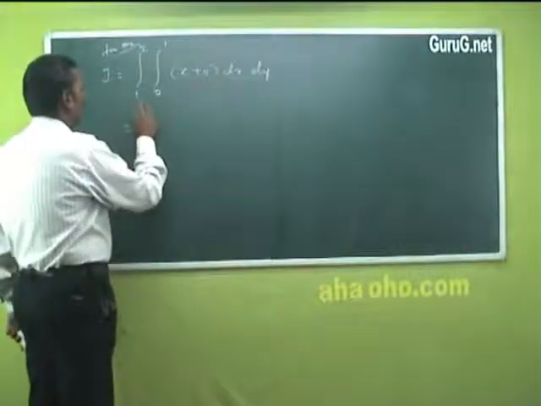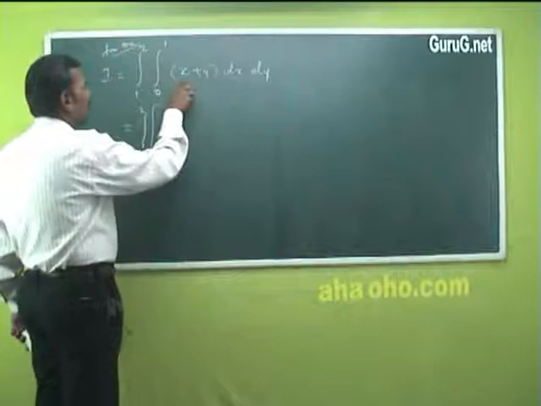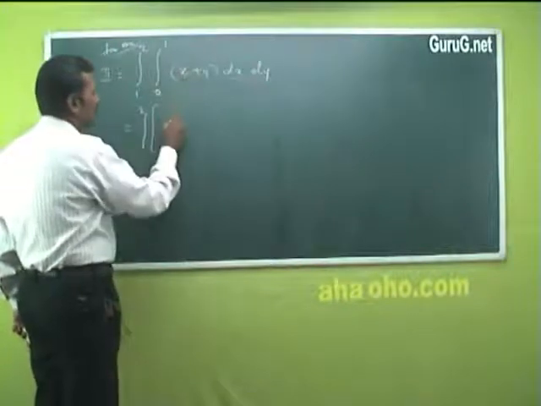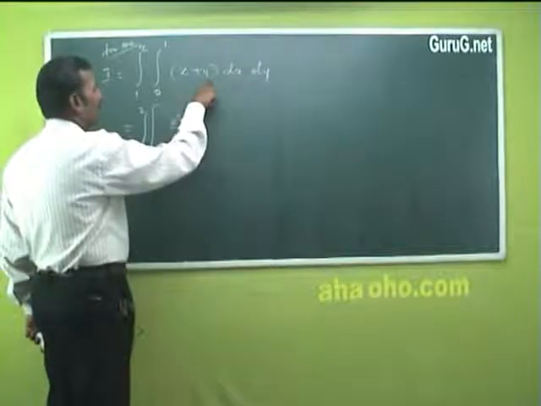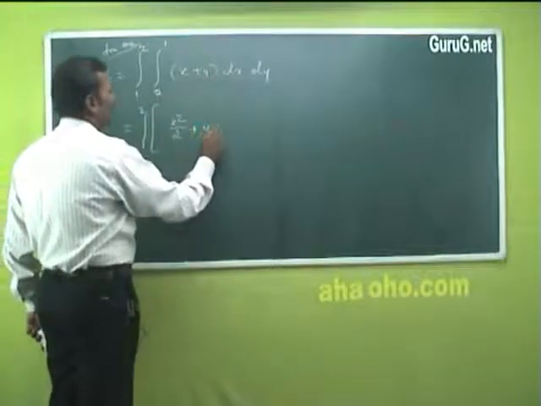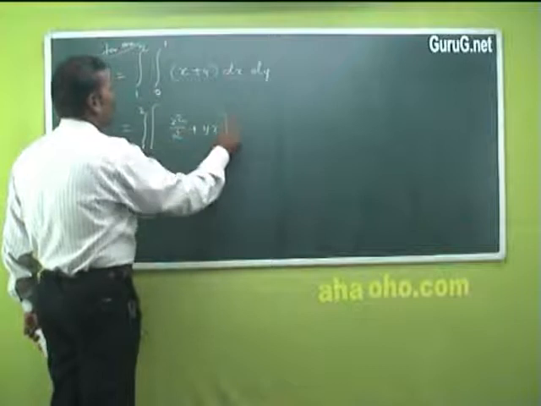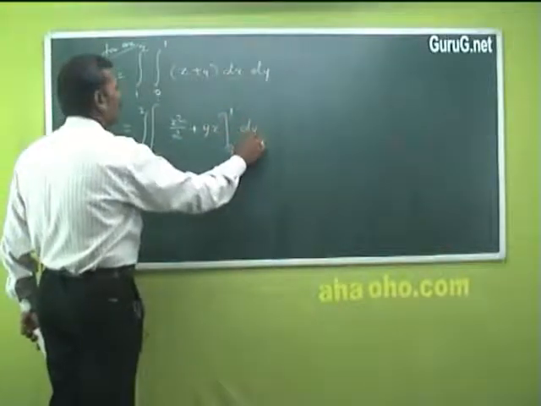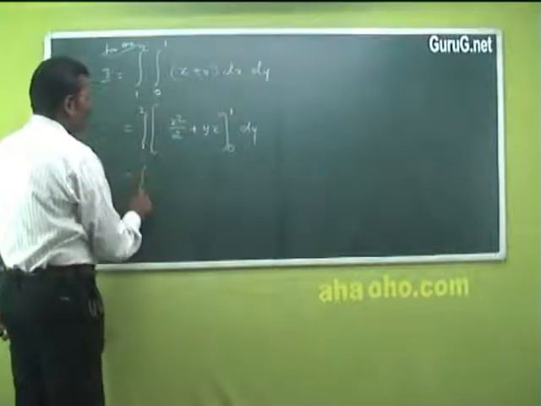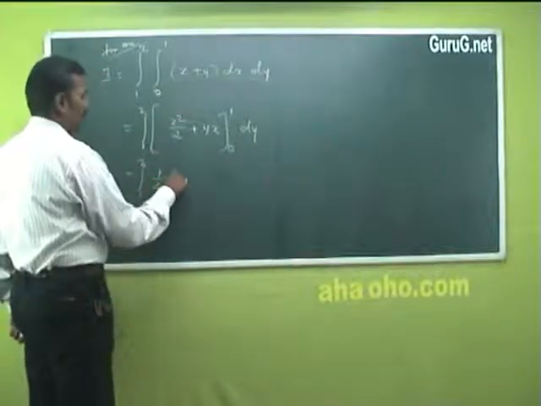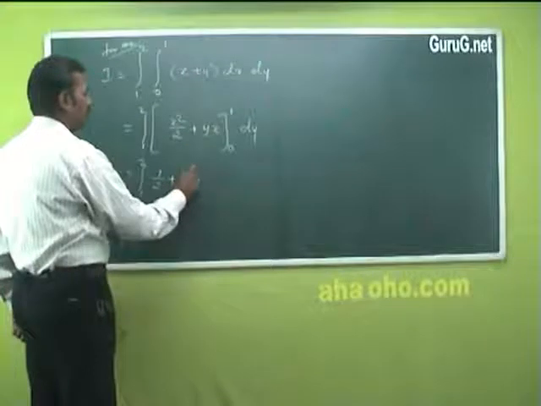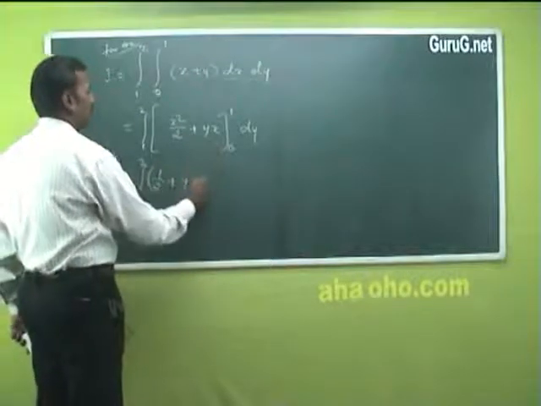So integral 1 to 2, integrate: integration of x is x squared by 2, plus this y is a constant, so integrate it, yx. Now you substitute the limit 0 to 1, dy. Now integral 1 to 2, we substitute the limits, so 1 by 2 plus y. Substitute the lower limit 0.